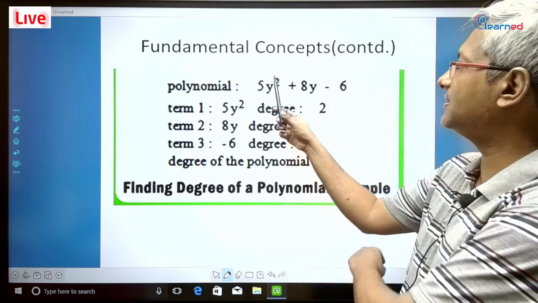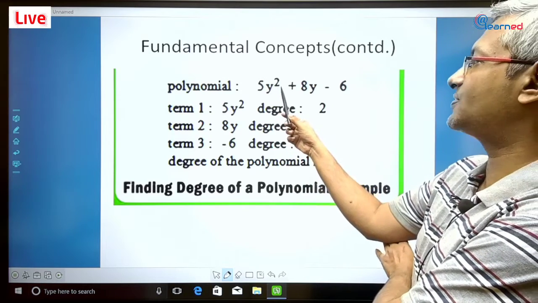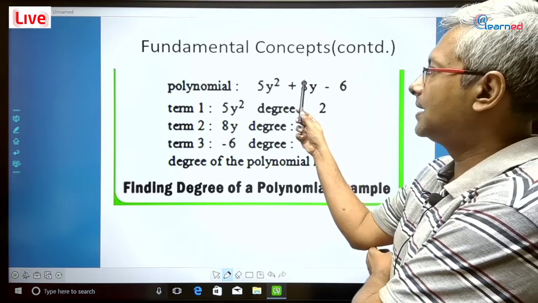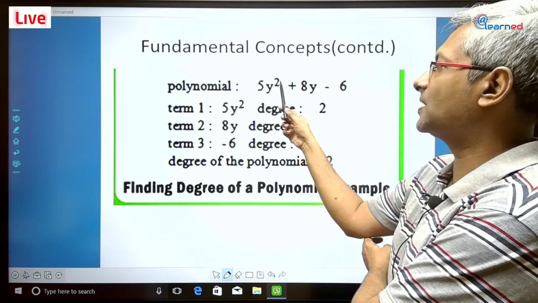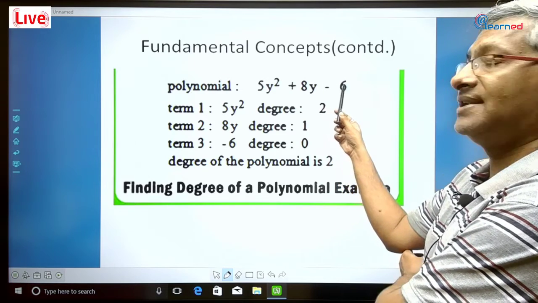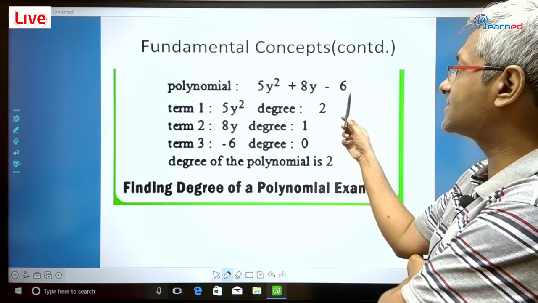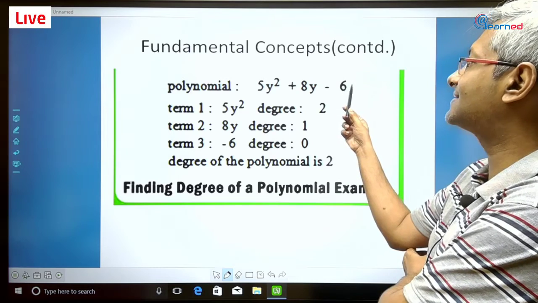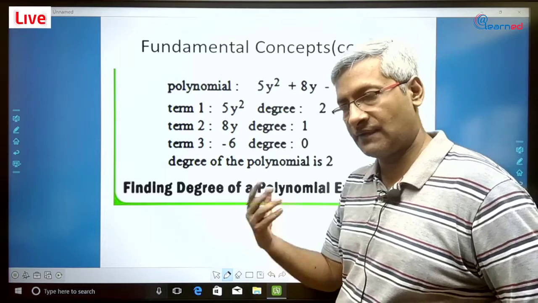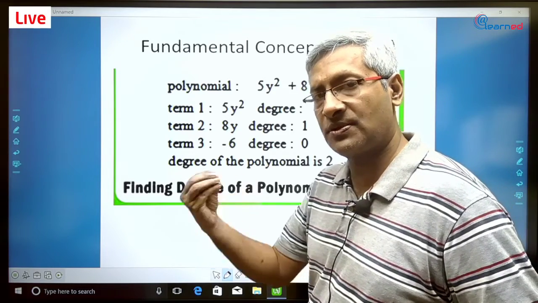Now if we have an expression 8y minus 6, the 8y has y raised to the power 1, and this minus 6 is a constant, but I can say over here the y is raised to the power 0, because as I said, anything raised to the power 0 is 1.